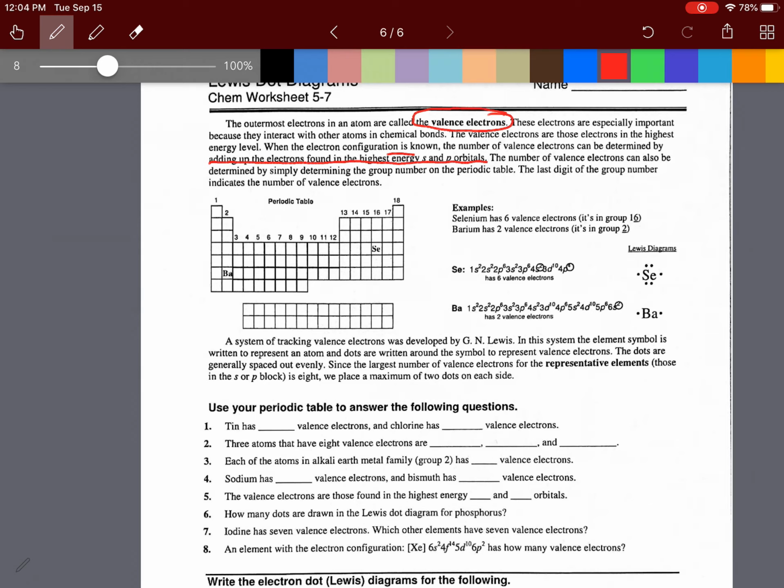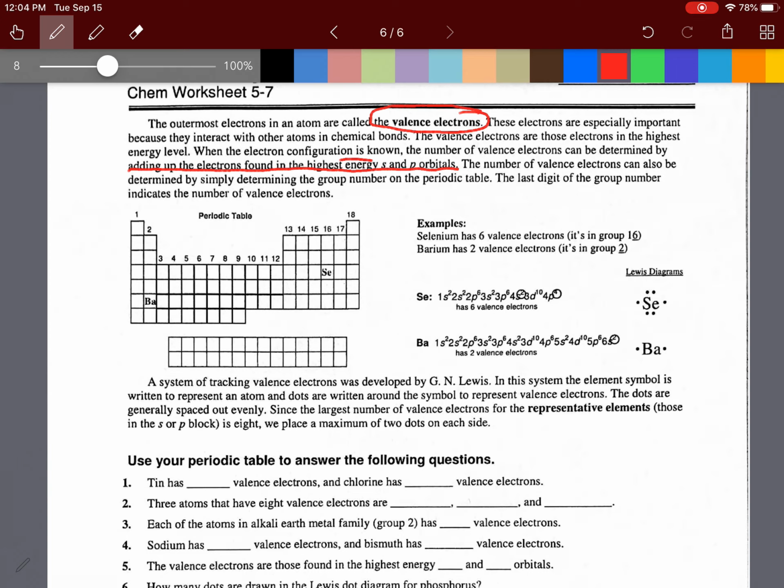An example of Lewis dots, this is one for selenium. Selenium has 6 valence electrons, because if you look at the electron configuration for selenium, it has 4s2 and then 4p4, so it has 6 valence electrons.